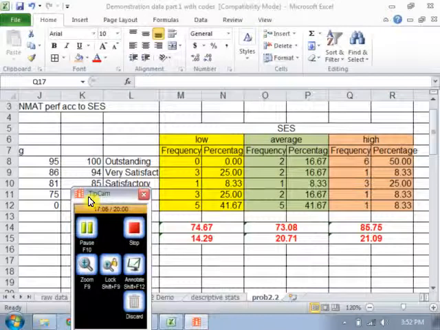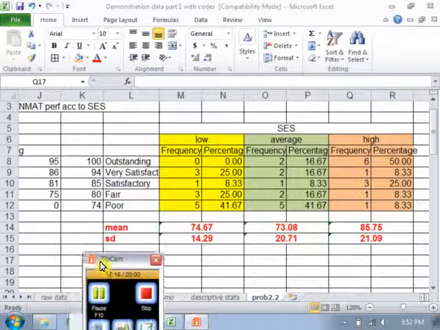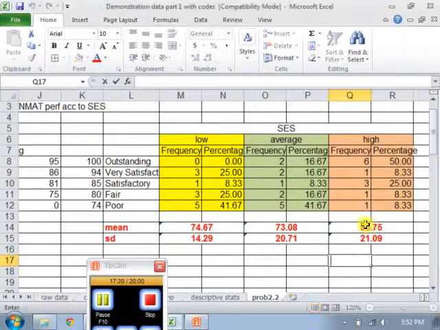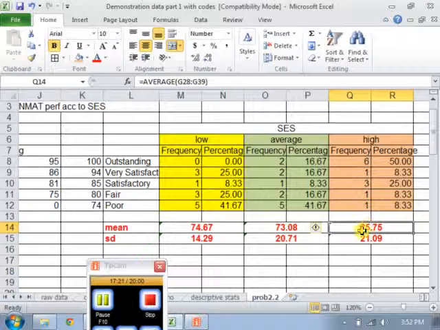People who are of a high economic status, they tend to have a higher performance in math. Okay. But this one doesn't automatically tell you that the rich are really better. Because it could be that this high average is affected by extreme scores, right?